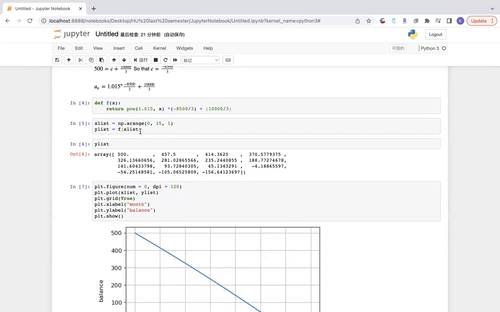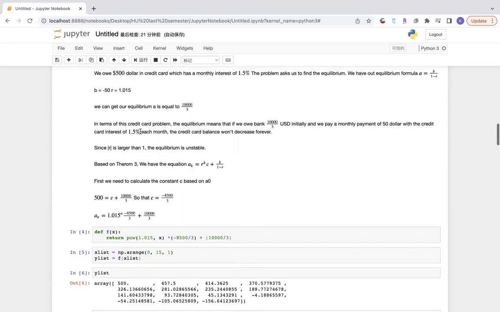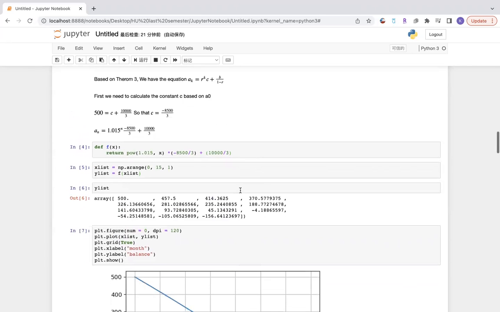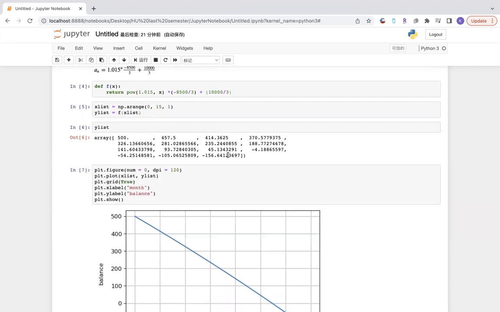It asks us to find out how many months we need to pay off the $500 if we pay $50 each month. So we can get the money remaining in the Y list here. On the 10th month, we are left with $45.